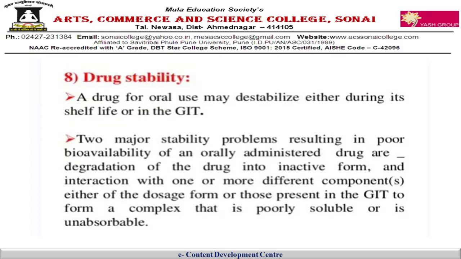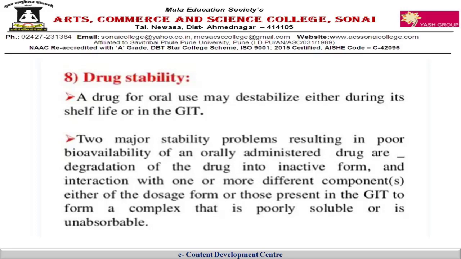So next factor 8, drug stability. A drug for oral use may destabilize either during its shelf life or in the GIT. This GIT is the gastrointestinal tract.